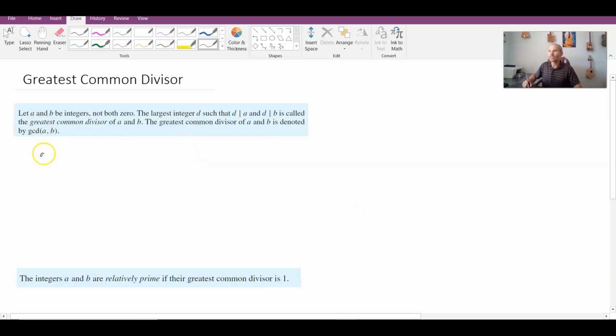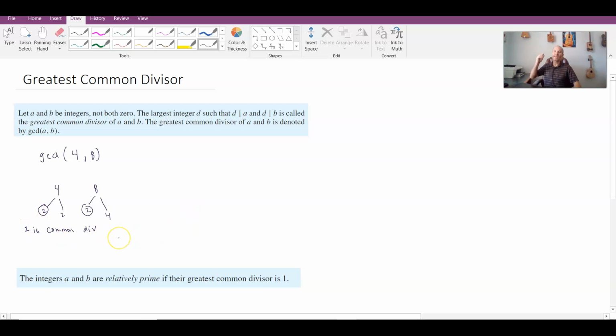So if we look at the GCD between two numbers, say 4 and 8. Well, first of all, we see that 4 and 8 both have divisors of 2. And that leaves us with 2 times 2 for 4 and 2 times 4 for 8. So 2 is indeed a common divisor.